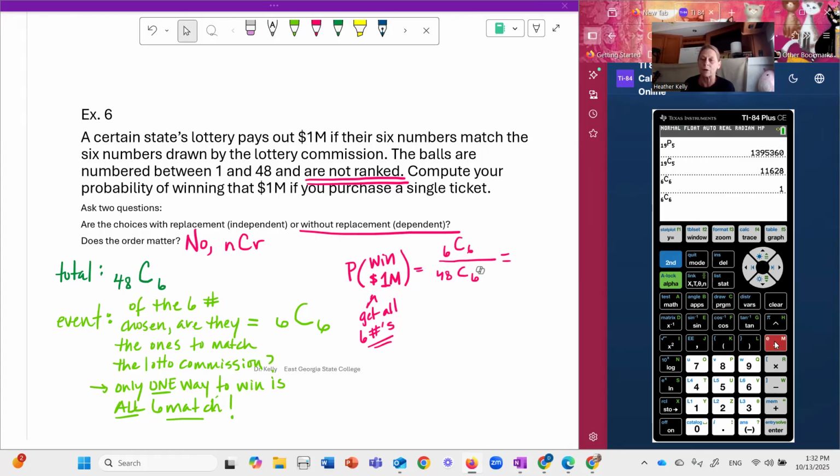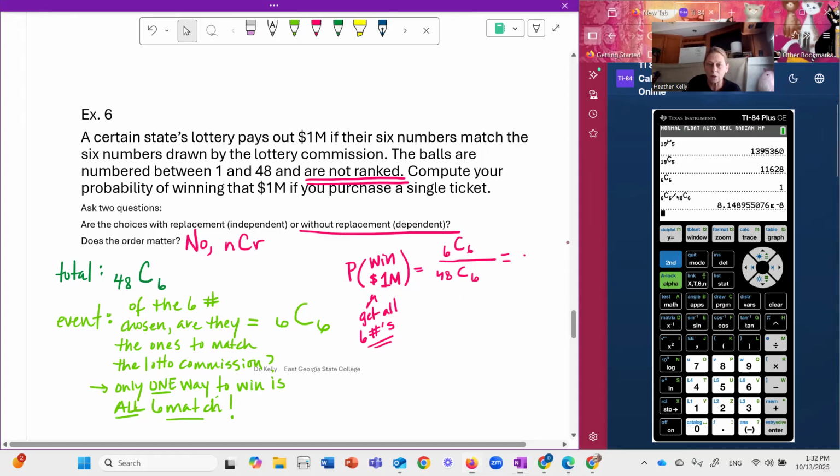Then we're going to divide by 48, so 48, math, choose 6, and enter. You can do that on your calculator. Let's just go one decimal place.